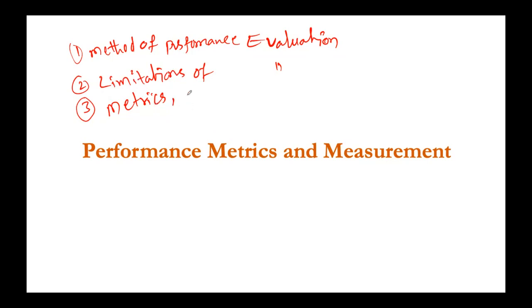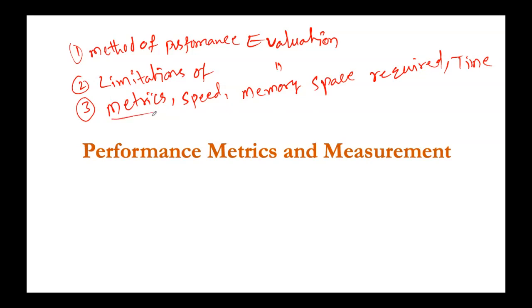So what measures do we use: speed, or the memory space which is required, or the time which is used for computation? What metrics do we use for computer performance evaluation?